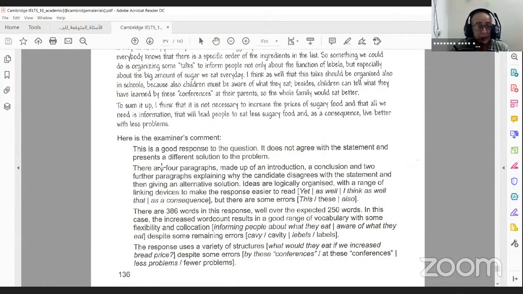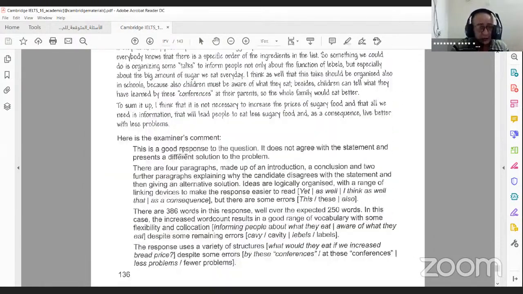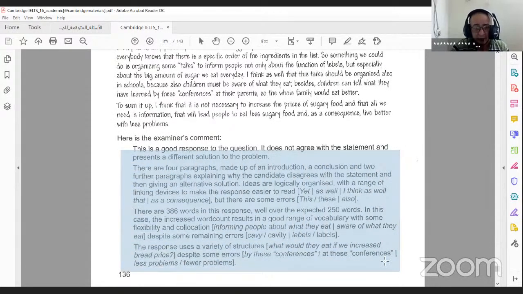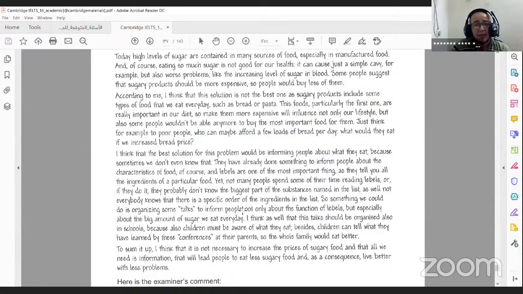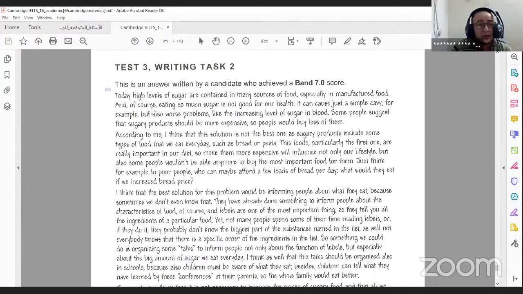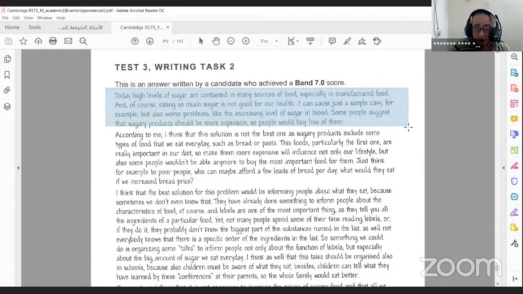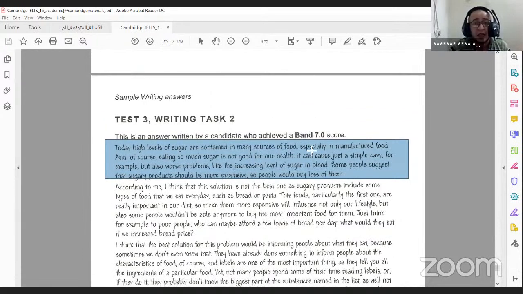Okay? Despite those mistakes, this candidate achieved 7. If this candidate covered those simple grammatical mistakes, which are mentioned here, this candidate could have taken 7.5. And if that candidate arranged the first paragraph, which is the introduction, well, as we have mentioned, paraphrasing the statement, writing the opinion by answering the question with the 2 reasons, this candidate could have taken 8 with those grammatical mistakes.